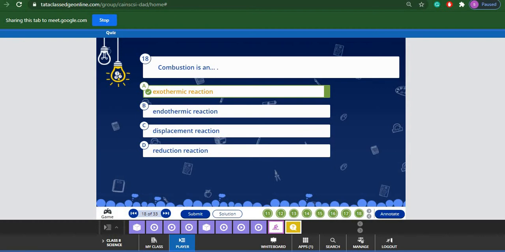What kind of reactions basically is this one? Please note down. This is an exothermic reaction. Done everyone? Yes, sir. Okay, good.